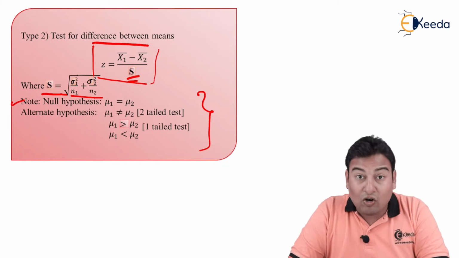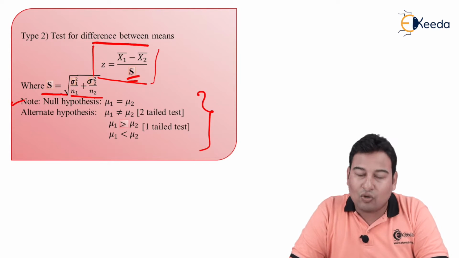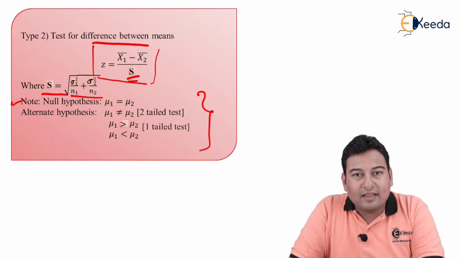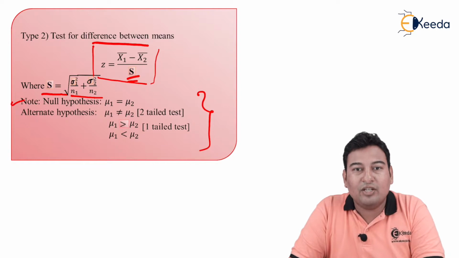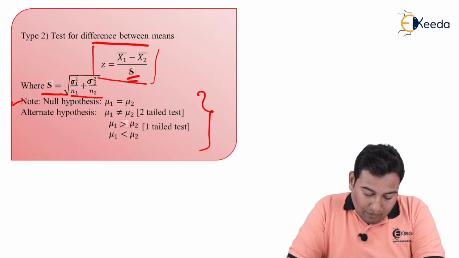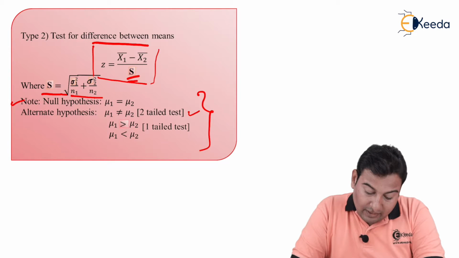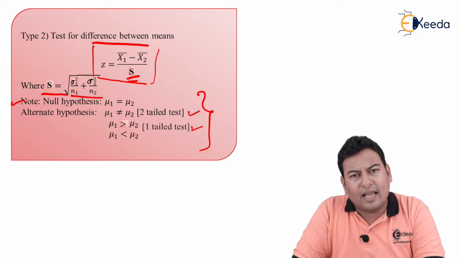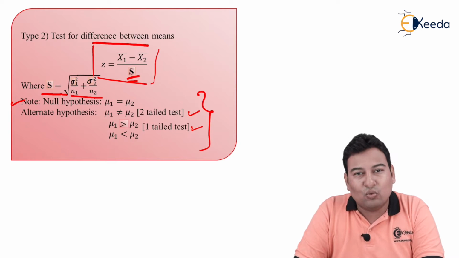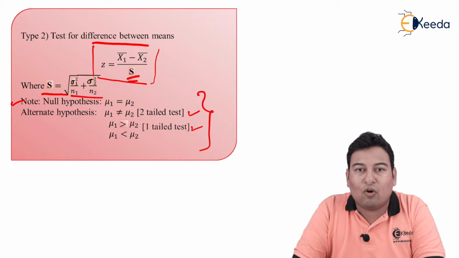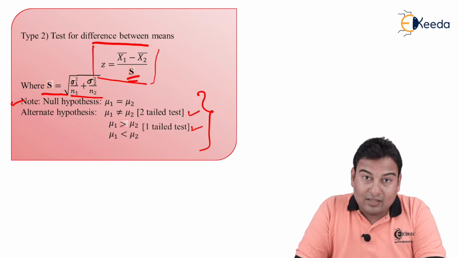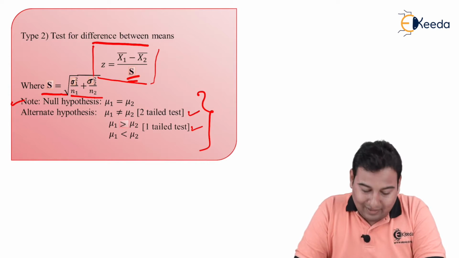In the alternate hypothesis, again three options: not equal to, less and greater, and again we find which option is to be chosen the same way. If it is not equal to, it is a two-tailed test, and if it is greater or less, it is a one-tailed test. The LOS values for one-tailed and two-tailed tests remain the same, as we have already discussed. So let us start with a problem based on this type.